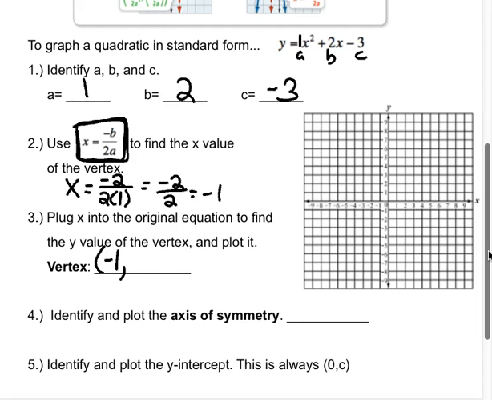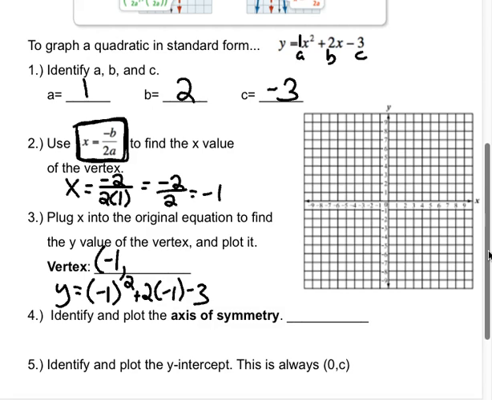So how do I find the y value of the vertex? Well, the y value of the vertex comes from plugging the value you just found back into the original function. The original function was x squared plus 2x minus 3.